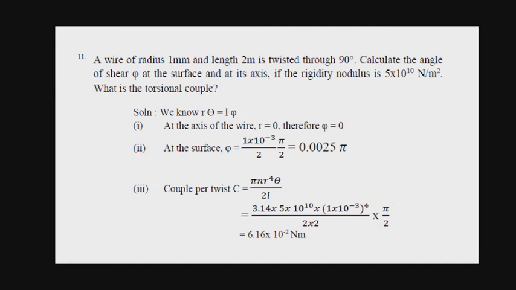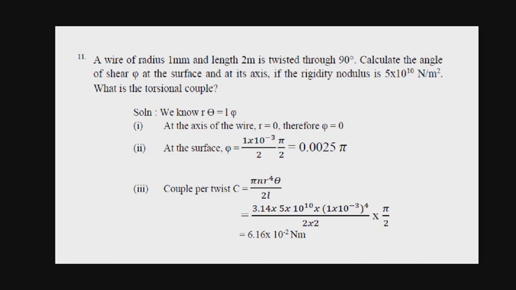Next. Question number 11. A wire of radius 1 millimeter and length 2 meter is twisted through 90 degree. Calculate the angle of shear phi at the surface and at its axis.